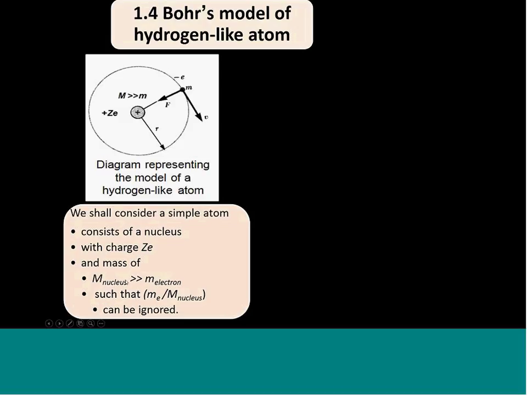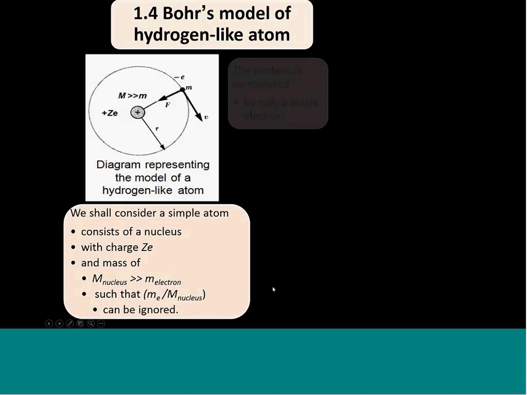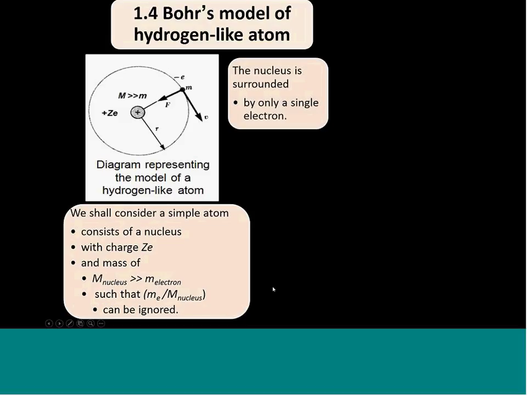So ni dia juga cakap mass of the nucleus ni adalah jauh lebih besar daripada mass of elektron. So nilai ataupun ratio mass electron dengan mass nucleus can be neglected. Okay.